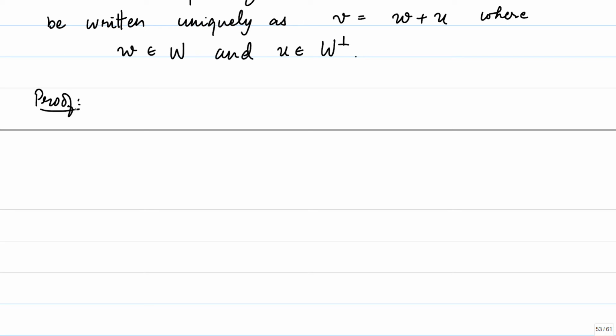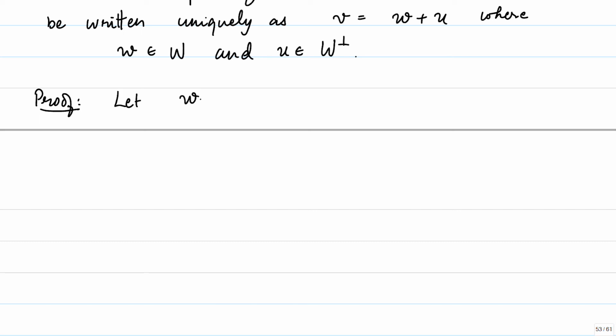So given V, given W and the orthogonal complement of W, we have now shown that there exists an orthonormal basis. The previous theorem said that there exists a basis w1, w2 up to wn of V such that it is an orthonormal basis. The first k of them form a basis of W and the k plus 1 to n vectors in the ordered basis form a basis of the orthogonal complement of W. So let me just write that down.